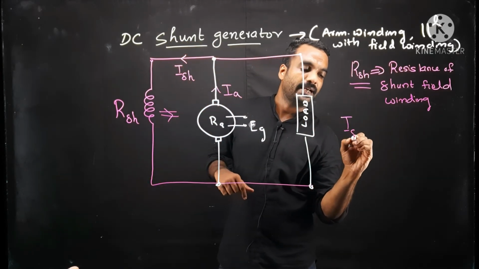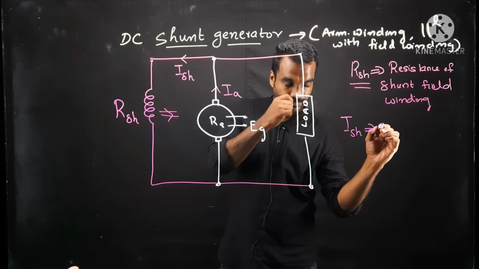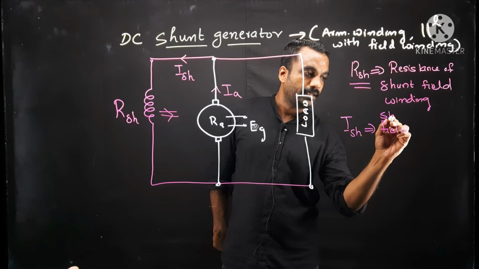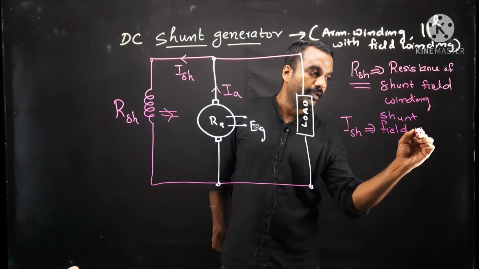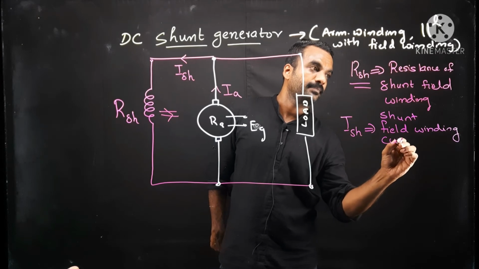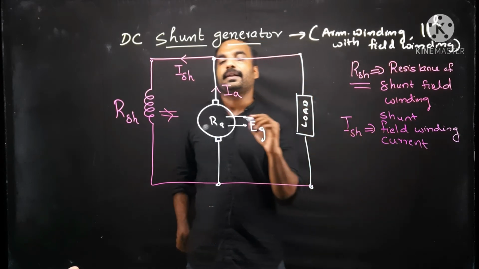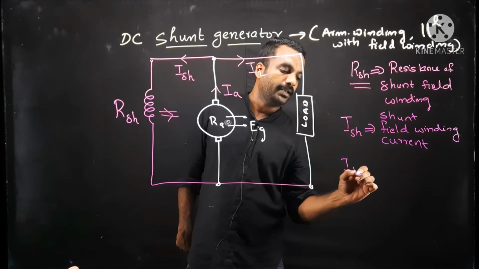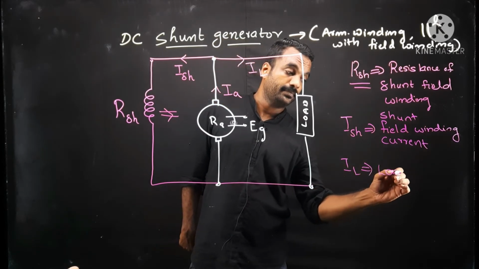That current is known as ISH, the shunt field winding current, and the other portion will go to the load, that is IL, load current.